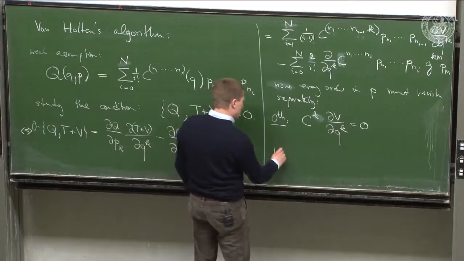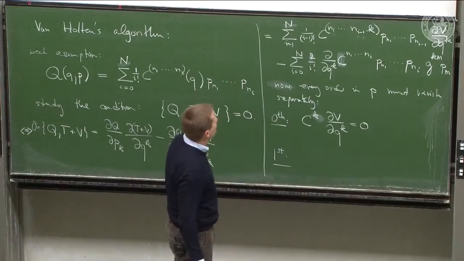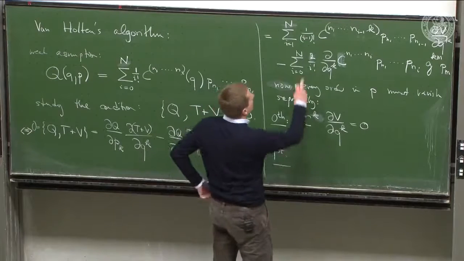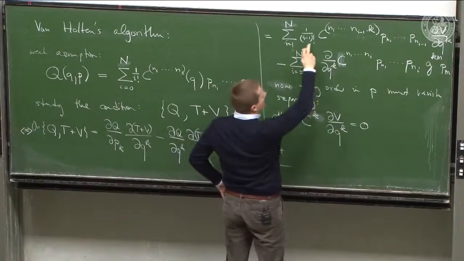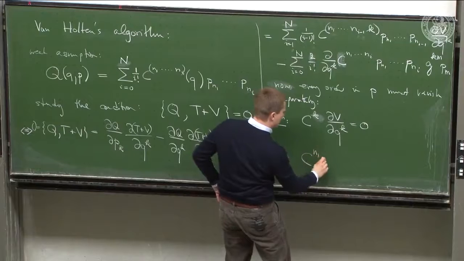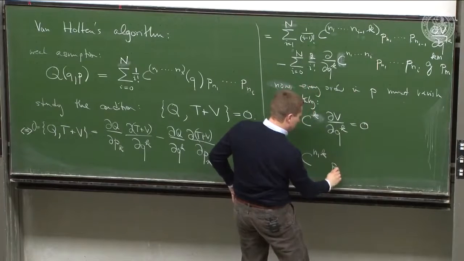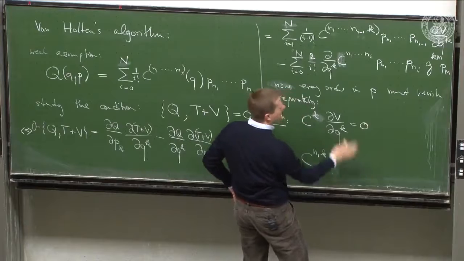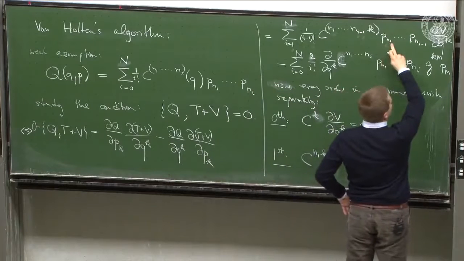Now let's write down the 1st order equation to get some familiarity with this. The 1st order one is obviously the one where I equals 2. So it's 1 over 1 factorial. I equals 2, so I have a C n1 k. There is a P n1, well, but that's the factor we wanted to leave out. There's 1 p, labeled n1.